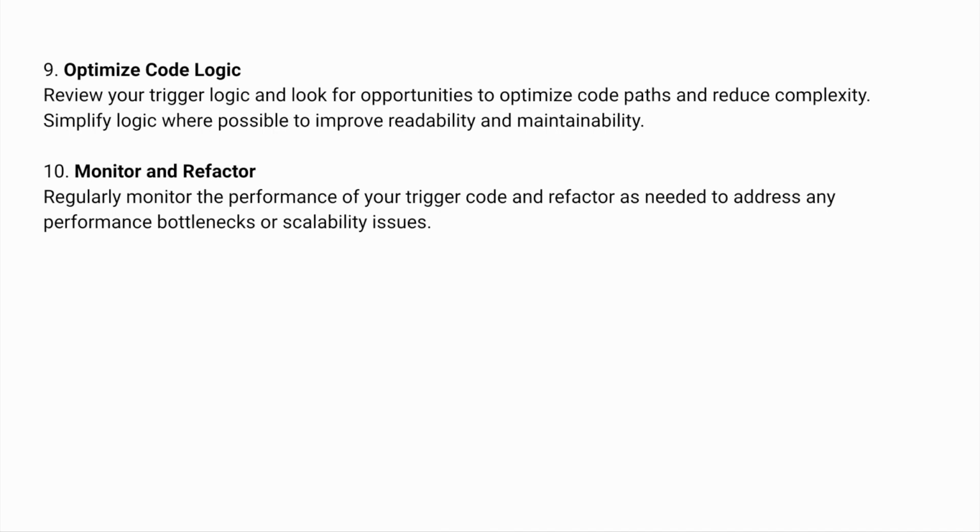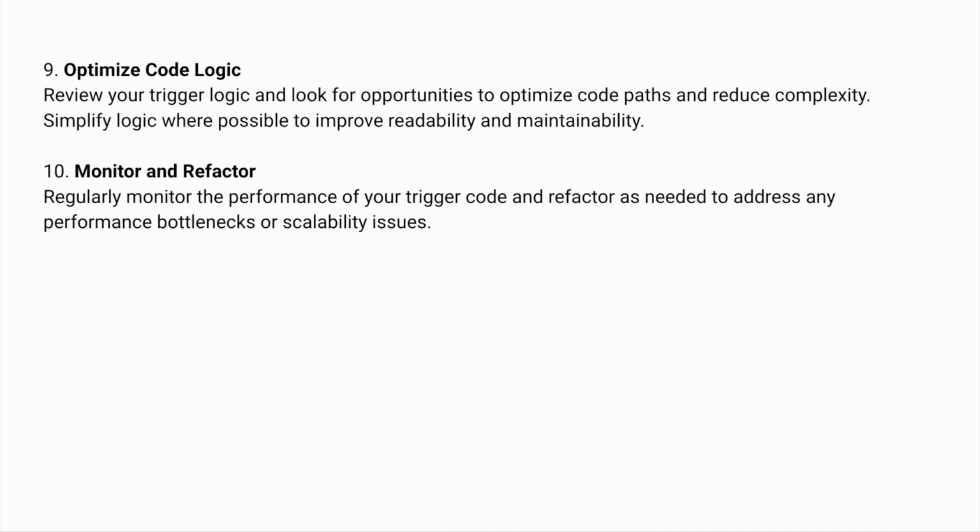And then last is to monitor and refactor. You should regularly monitor the performance of your trigger code and refactor if there is anything you need to work on, or if there are any new changes you should implement to improve the performance or remove your previous bottlenecks, so that you can improve the performance and scalability of the trigger code.